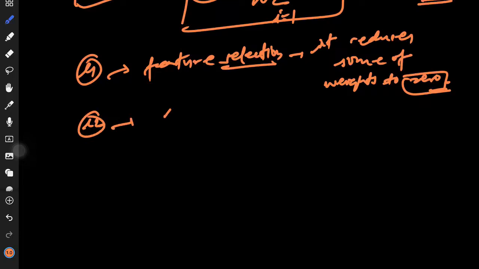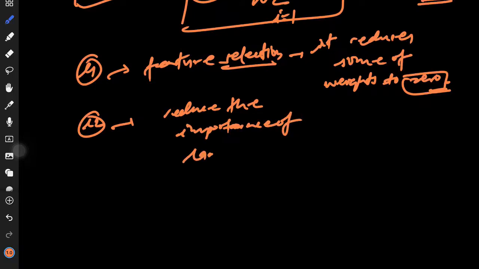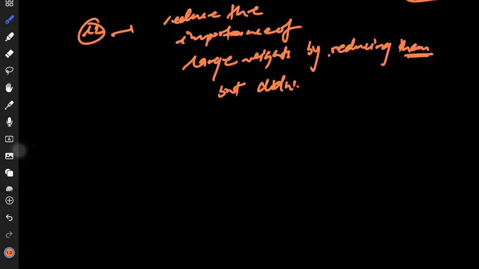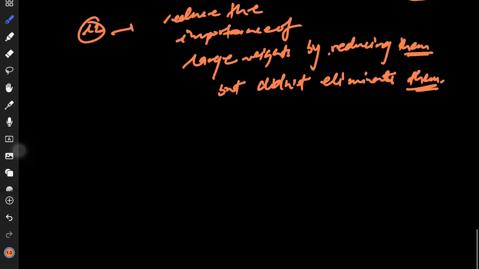L2 reduces the importance of large weights by reducing them, but doesn't eliminate them. So this is the difference between the two.